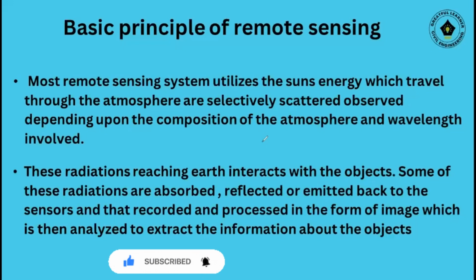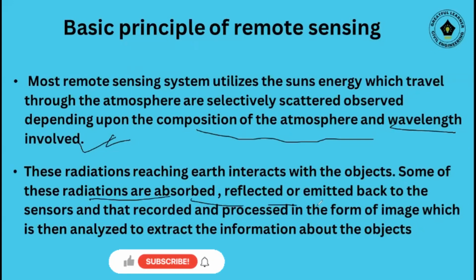Radiation reaches the earth and interacts with the object; some of this radiation is absorbed, reflected or emitted, and the sensor records it and processes it in the form of an image, which is then analyzed to extract information about the objects.